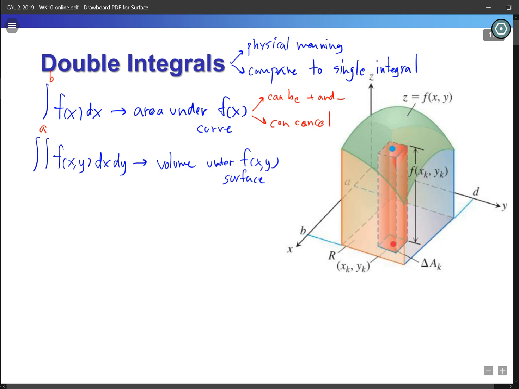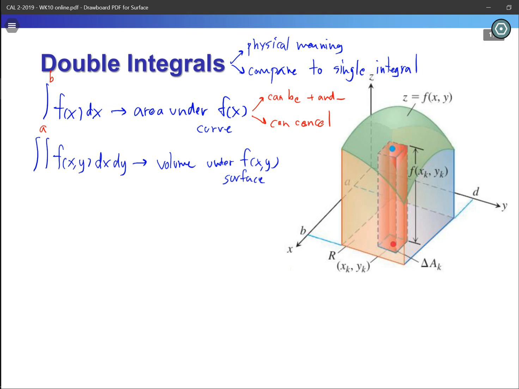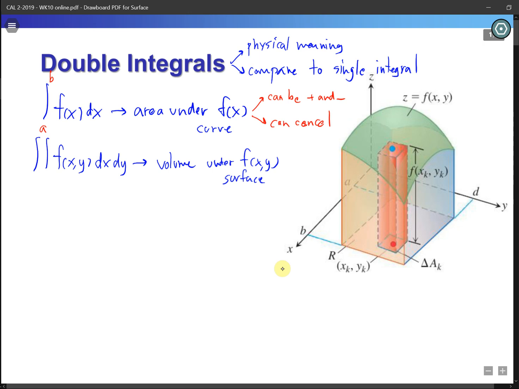This green surface is f(x,y), and under this sheet of surface you can see the volume. Once again, it's similar to above: this volume can be positive and negative depending on the sign of your function, and of course it can cancel.